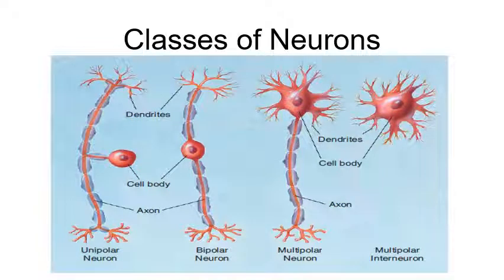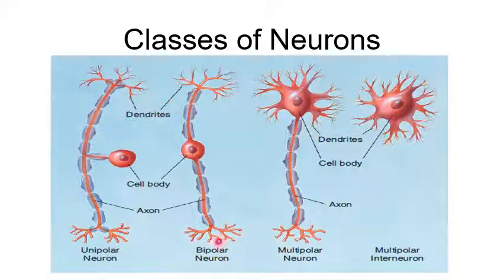There are also different classes of neurons. You have unipolar, bipolar, multipolar, and interneurons. In naming them, we base it on the processes or projections in the cell body of the neuron. This is the cell body, and how many processes or projections are there. In a unipolar neuron, there is only one projection, so this one, with the dendrites and the axon.